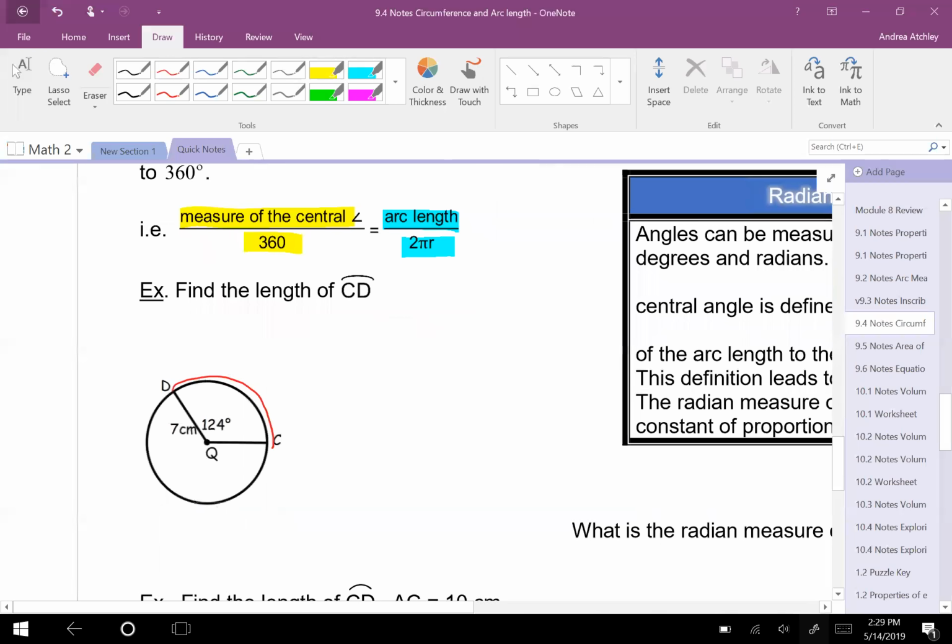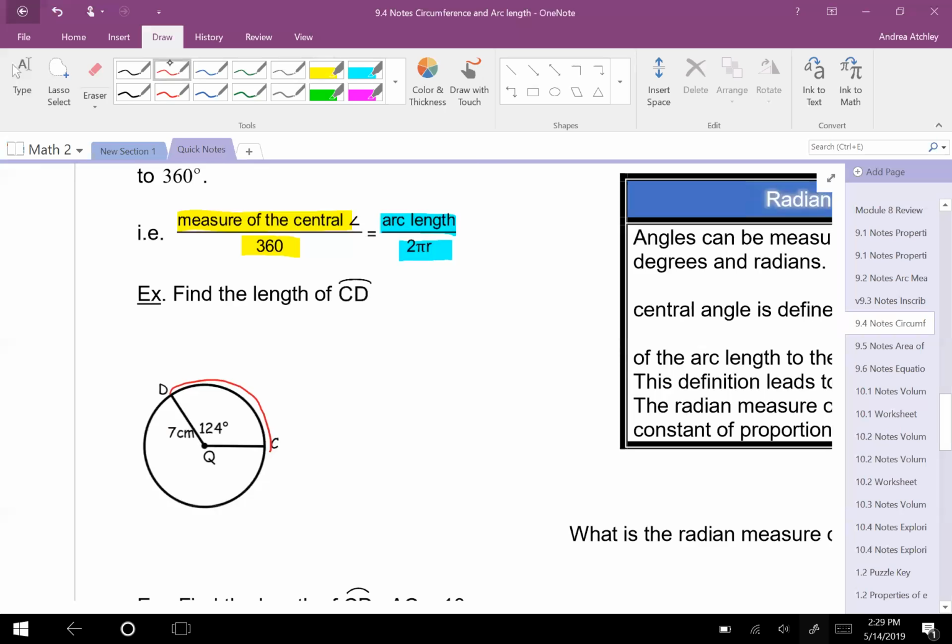So in this, I'm going to use that formula. The central angle over 360 is going to equal the arc length over the circumference. In this case, 124 is the central angle.